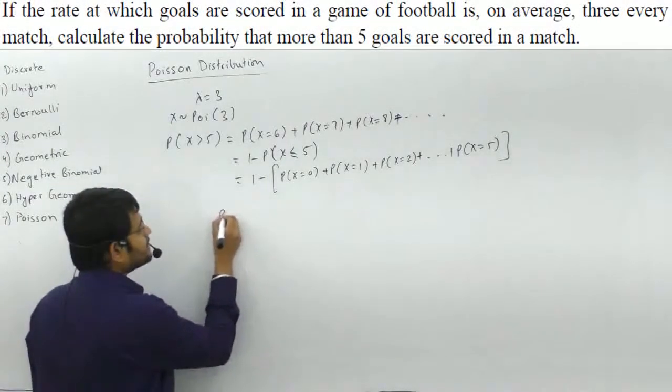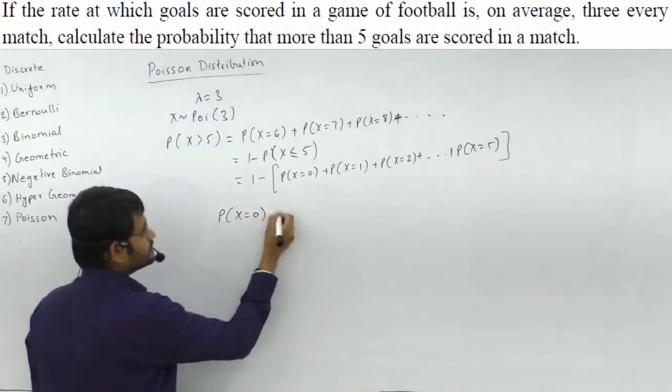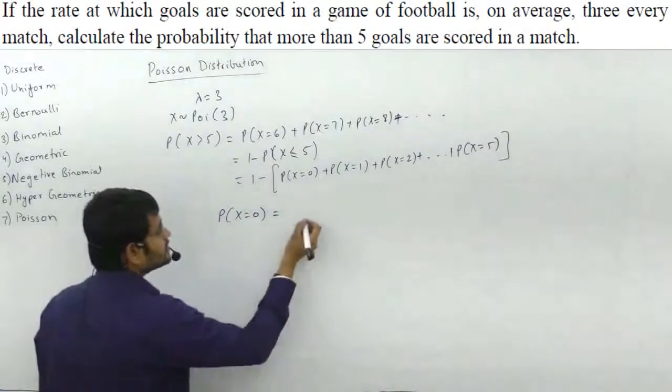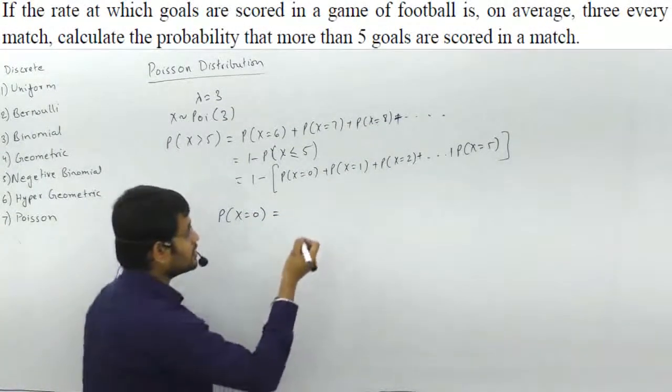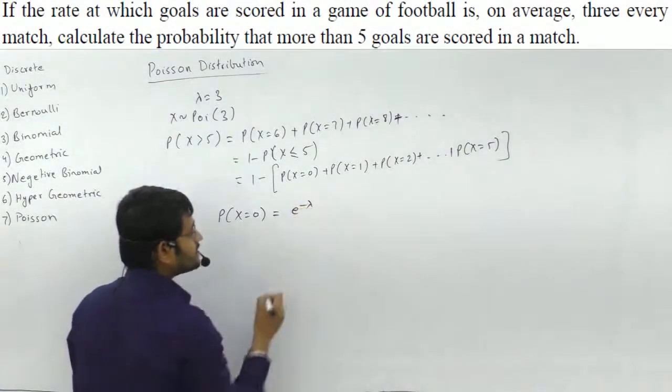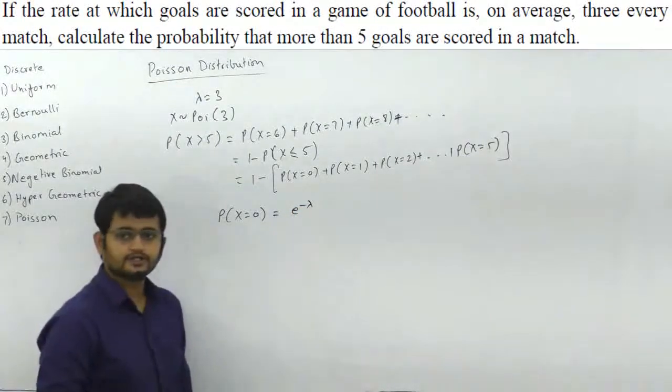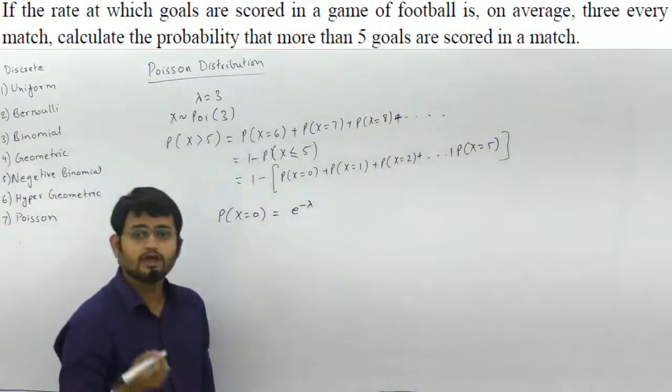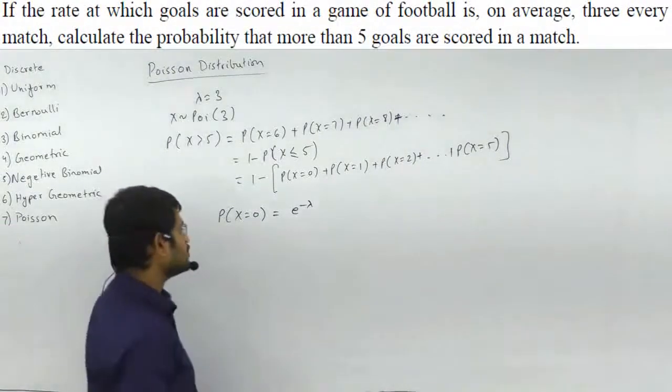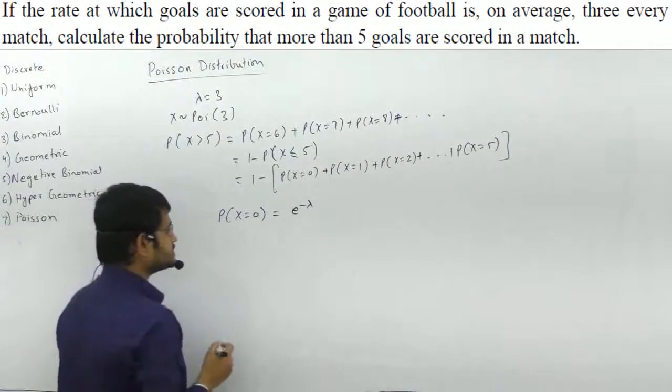Now simply probability x equals 0 is going to be lambda raised to 0 into e raised to minus lambda upon 0 factorial. Lambda raised to 0 is 1 and 0 factorial is also 1. So we get e raised to minus lambda.